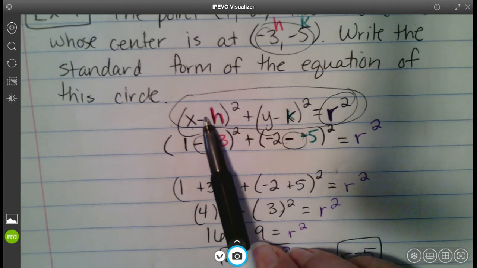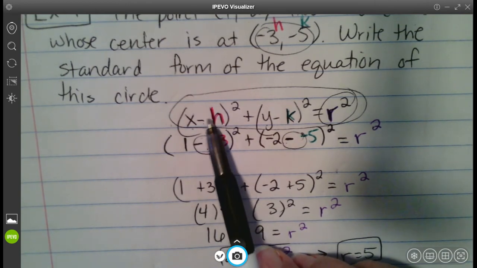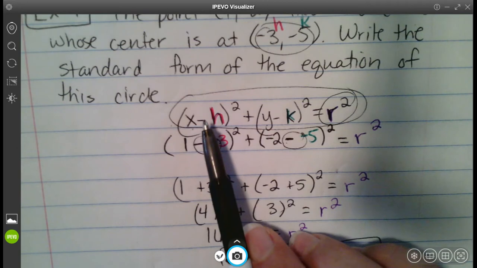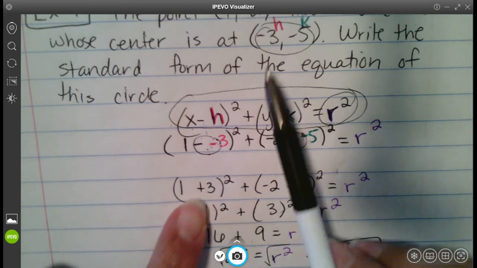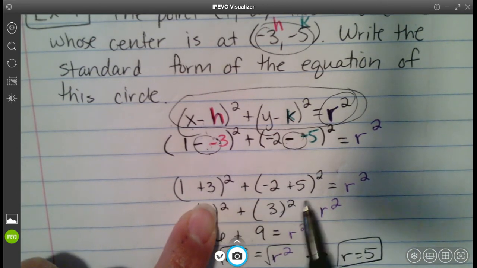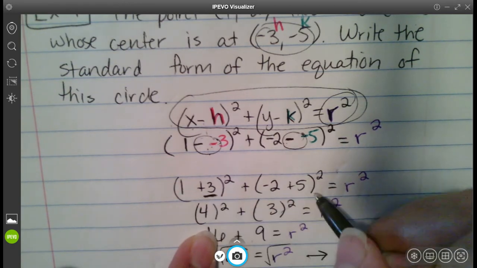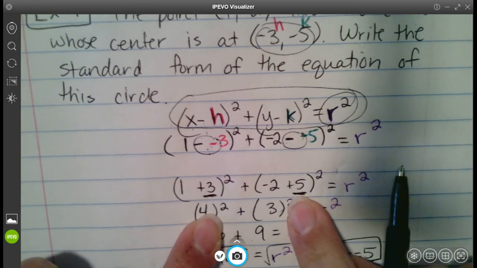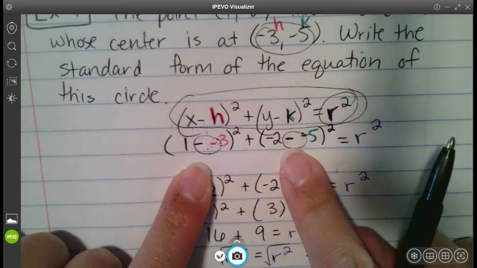Think about it. If you have a negative and a positive, it's going to turn into a negative. Negative and a negative is going to turn into a positive. And that's what happened here. That -3 became +3, and the -5 became +5. If you're not sure, just plug it in, work it out.